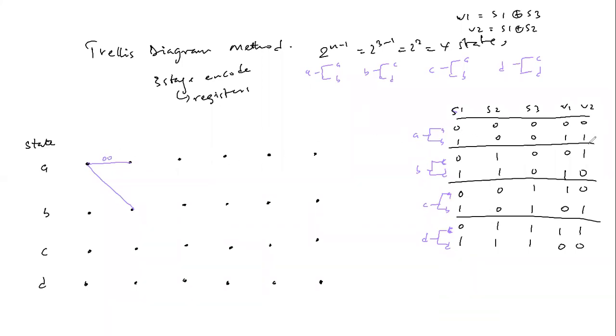And when we move from A to B, the output is 1, 1. So we can populate this with 0, 0.